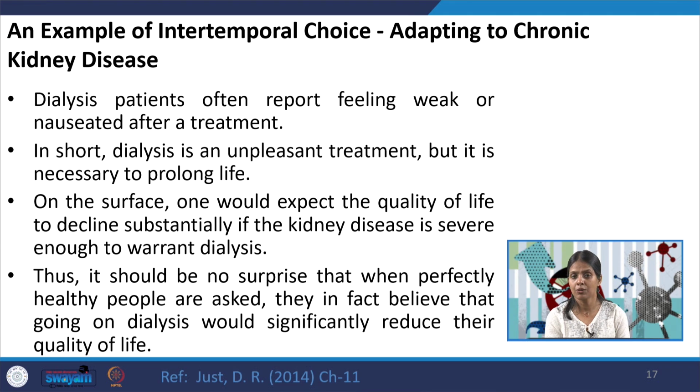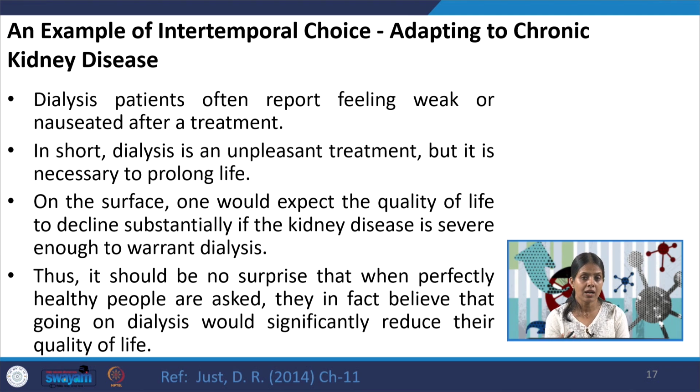So, what we wanted to say here is that since dialysis involves a lot of discomfort, and the treatment is extremely undesirable, it has severe health implications and also gives a lot of discomfort to the patients before the treatment and after the treatment. So, a life where you have to be on dialysis for the rest of your life is actually not something which we look forward to.